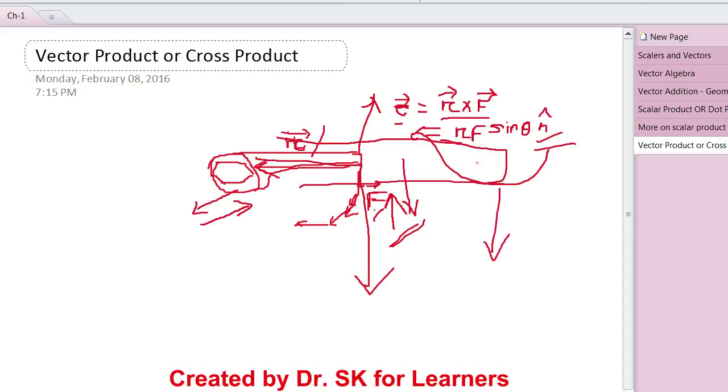So this way they increase the radius R. This is the length now, and since they increase R, they increase this quantity, the total torque increases.